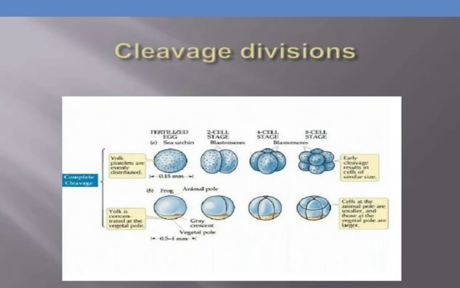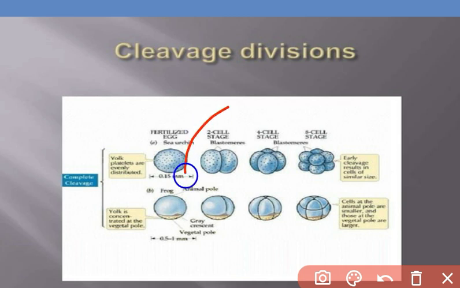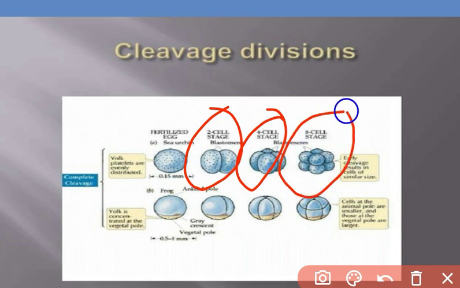So these are the divisions. This is for a sea urchin and this is for a frog. 2 cell stage, 4 cell stage, and 8 cell stage. These are the 8 blastomeres.